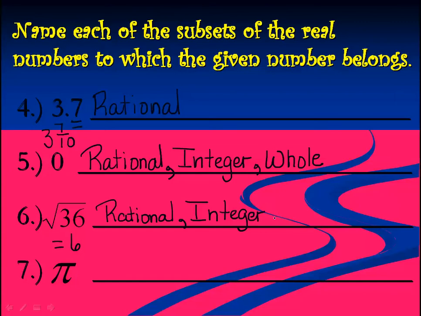It's a whole number. And it's a natural number. It belongs to all of those. Pi, we talked about this just on the other page. Pi is a non-terminating, non-repeating decimal, which automatically makes it an irrational number.